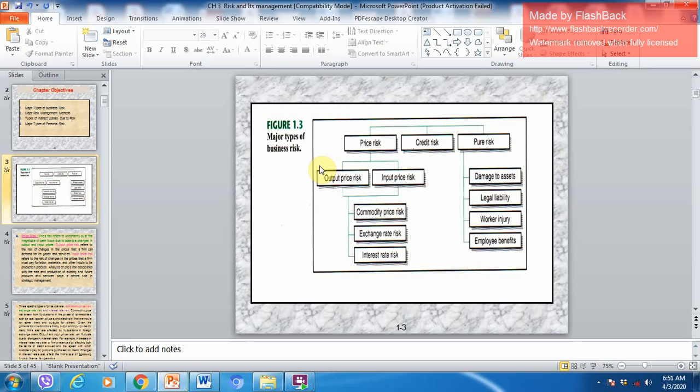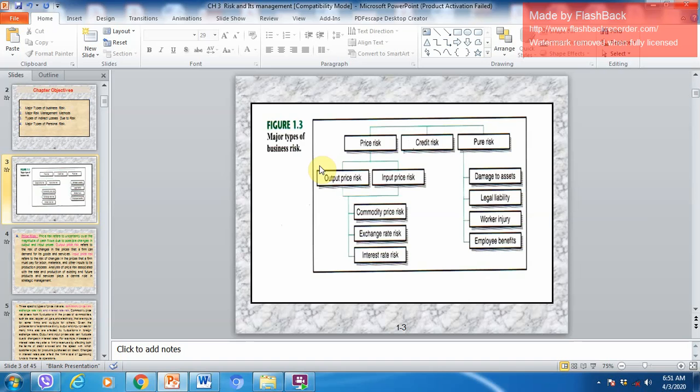Further we discussed commodity price risk, exchange rate risk, and interest rate risk. Exchange rate risk comes due to currency fluctuation. If we buy raw material from other countries such as China, Turkey, Canada, they do not accept the Iraqi dinar, and the acceptable international currency is USD.